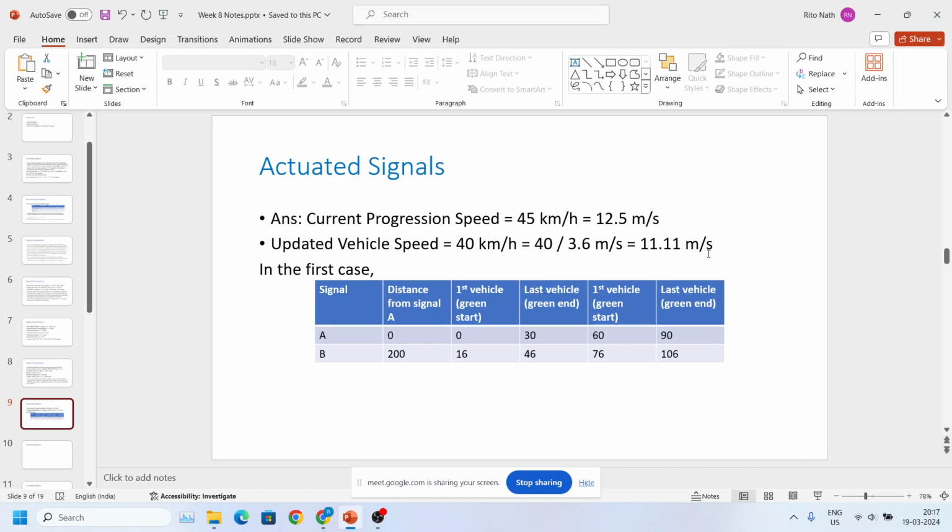So if the vehicle speed reduces, actually, I think I can look at the assignment problem and connect it to that. In the assignment problem it's 15 and 12.5, and 300 meters for the distance.